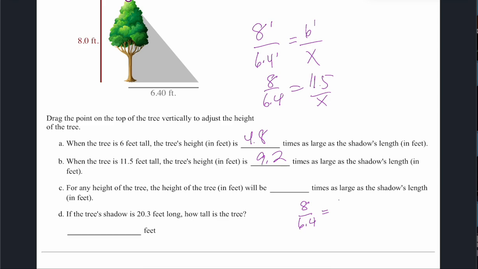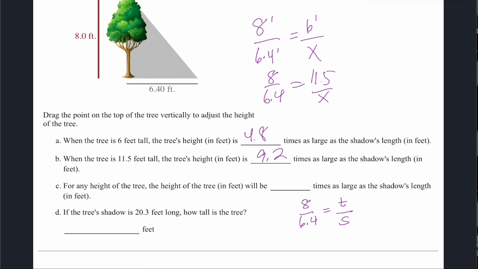The height of the tree versus the height of the shadow. The height of the tree will be what times the height of the shadow. If we cross multiply, it's 8 over 6.4 times the shadow would be the tree. So it would be 8 divided by 6.4 for my case. For yours, it's tree divided by shadow. In my case, 8 divided by 6.4 is 1.25.